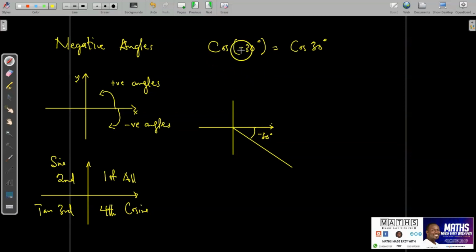When you find cos of any negative angle, it automatically becomes cos of the positive angle. So cos negative 30 degrees is the same as cos 30 degrees.